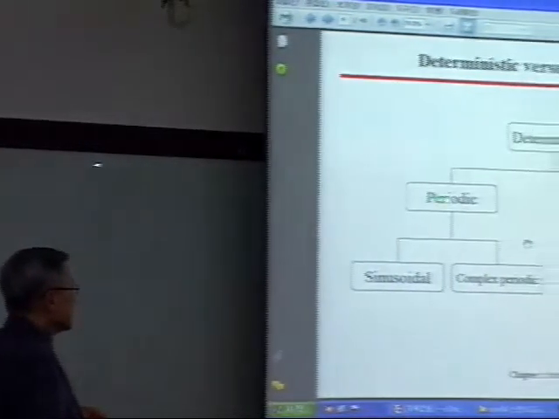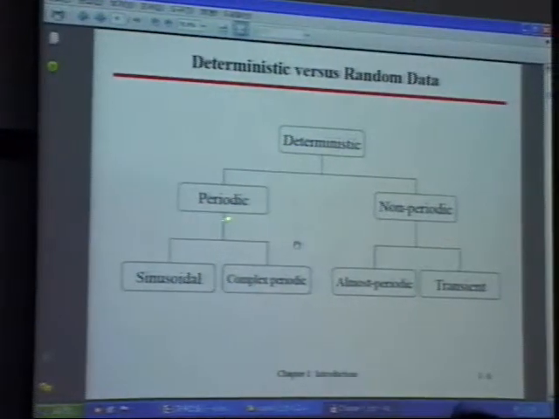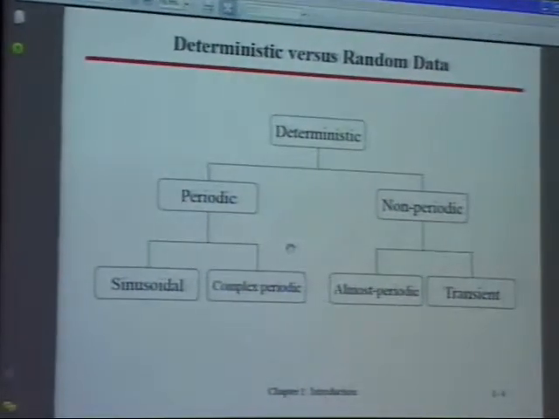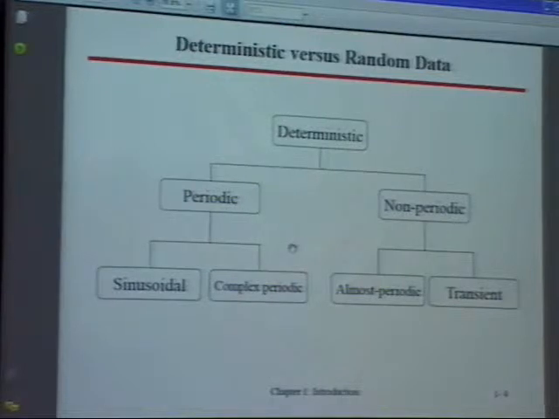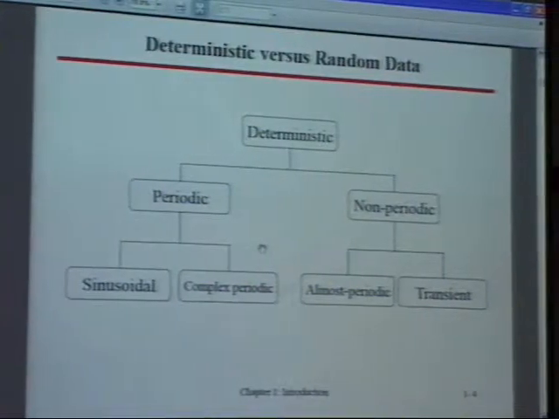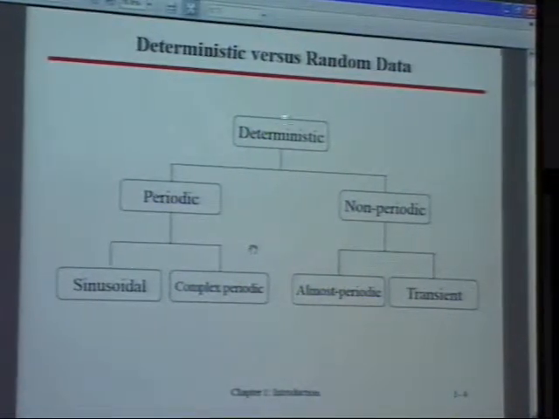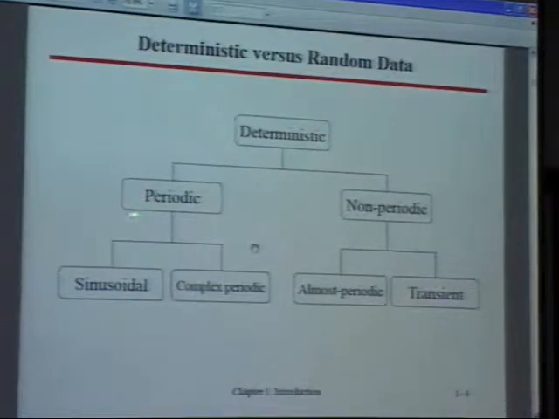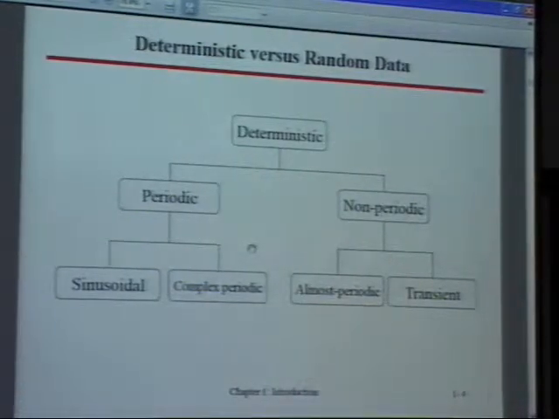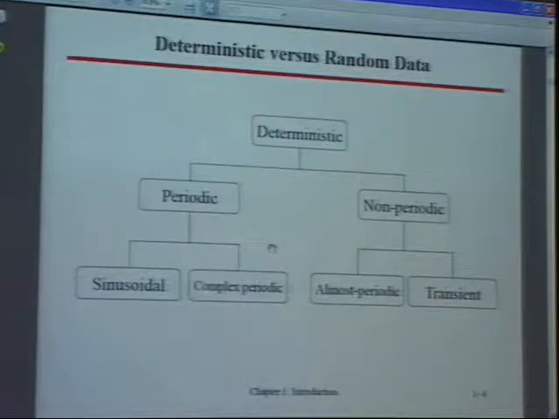I'm going to do the different forms of the Fourier series today, and the Fourier transform will follow right after.